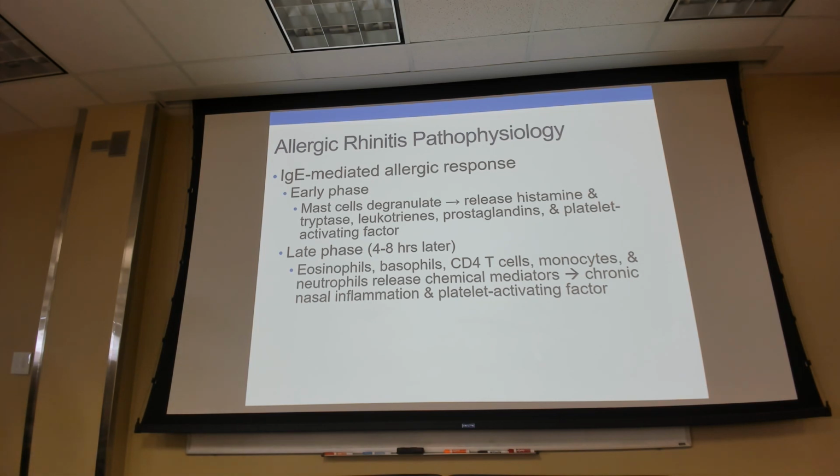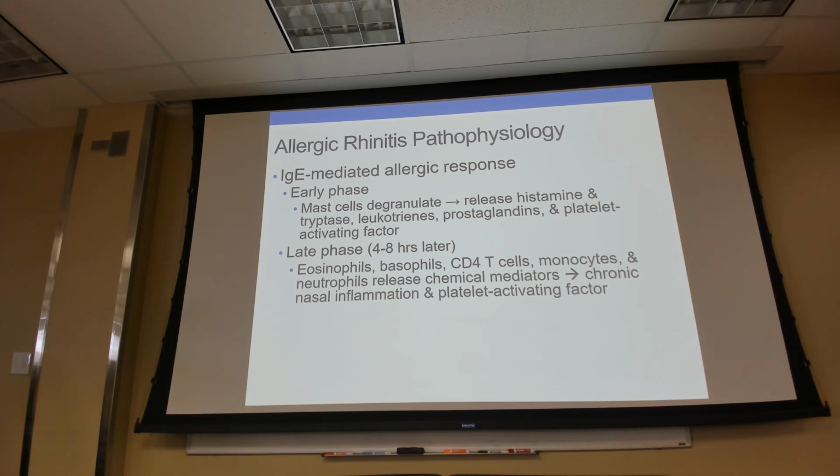And as a brief reminder, you have two parts of this. And this is again, because you're going to see it all the time, and this is where you just see some of the treatment mixed up because it's just such a common thing. There's an early phase and a late phase if you are having a true response to your IgE. So if you are truly allergic to something, it's your IgE response. And there's those two phases, your early response that has your mast cell degranulation, and your late response that has all of your other recruitment of your immune system.